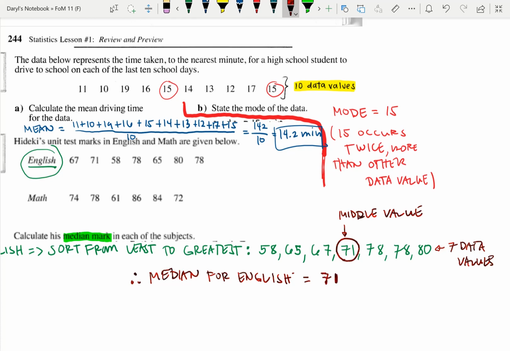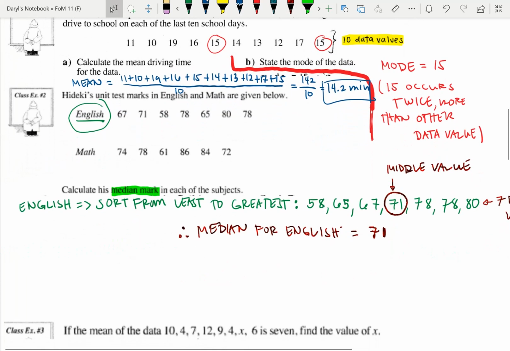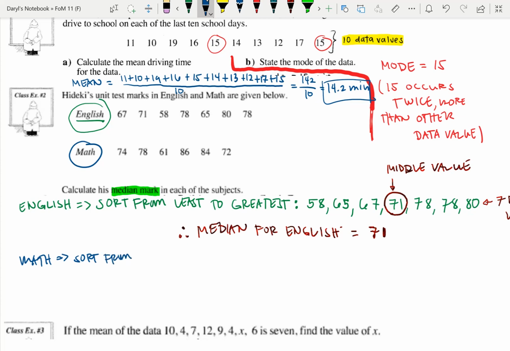So the median for English is 71. Now we do for math. So for math, again, sort from least to greatest.